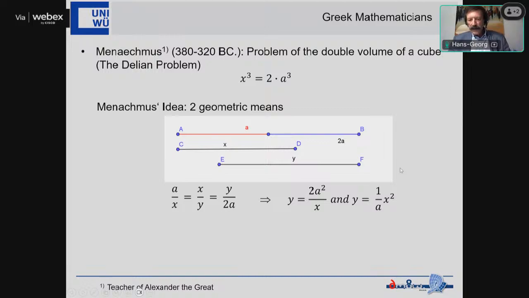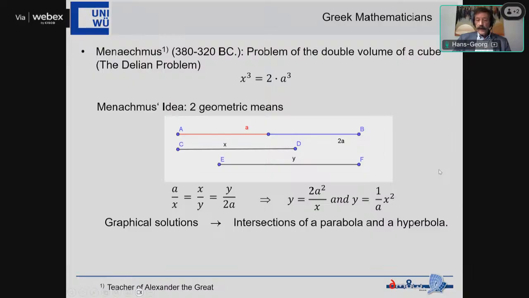Of course, Menaechmus hadn't had these formulas because the formulas weren't known at these times. They had to do it in a geometric way, and so he tried to get a solution on a graphical level, and maybe he was the first that thought about the intersection of a parabola and a hyperbola.